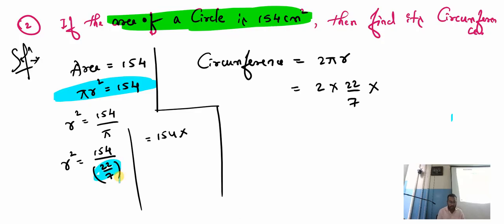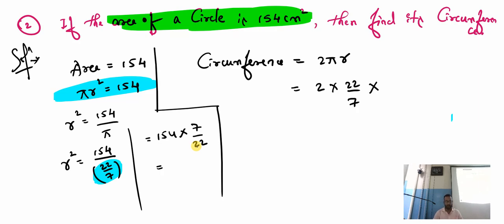This 22 by 7, if it comes to the numerator, it becomes 7 by 22. Clear? Now, what is 154 into 7?